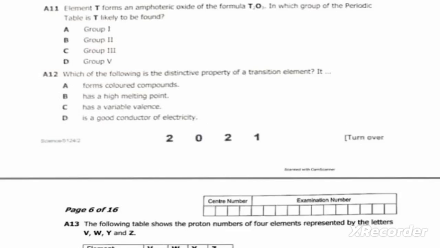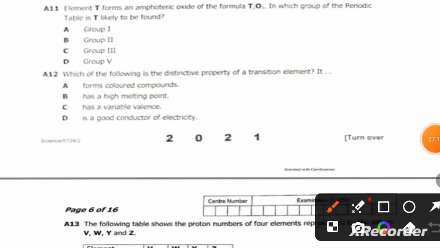We need to understand that amphoteric oxides possess two characteristics: characteristics of bases and characteristics of acids. According to the chemical formula given here, we have T2 and O3.